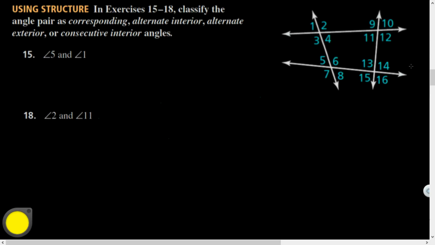Classify the angle pair. Angles 5 and 1. Yeah, those are corresponding. As far as their relative intersections, they are in the same direction, the northwest quadrant of their intersections. They're in corresponding positions.